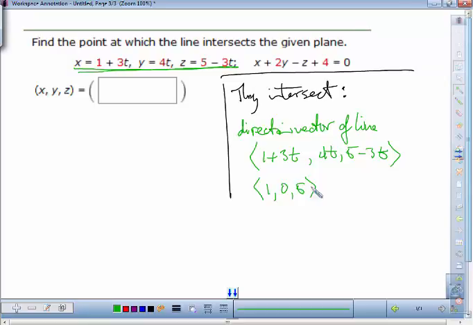So this is actually the point that this particular line starts with. And then after I take that out, what's left is a 3t, 4t, and a negative 3t. But all those have a coefficient of t in it that we can take out. And then we have 3, 4, negative 3. So the 3, 4, negative 3 is a vector that we're looking for that gives the direction of the line.